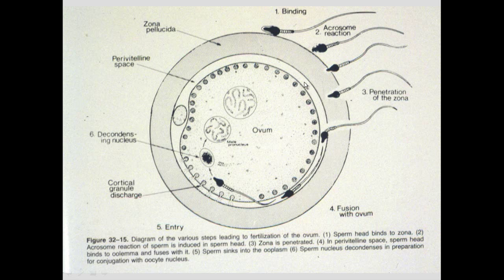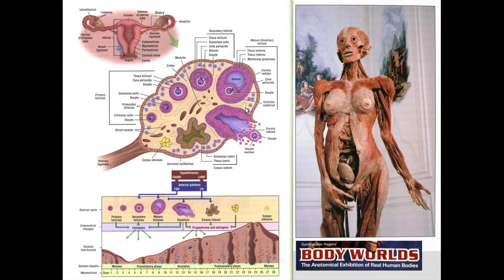Also, we have the egg here, which has to be penetrated by the sperm, and there are different steps involved. You have the binding, the acrosome reaction, then the sperm goes through. Once it penetrates the plasma membrane, you have the cortical reaction, where the egg prevents other sperm from coming through, and then you have the pronuclei of each, and then they fuse together.